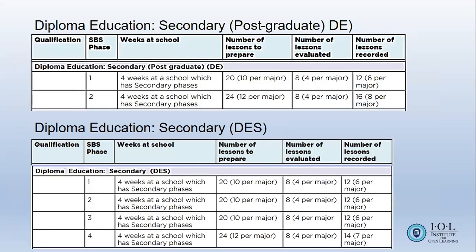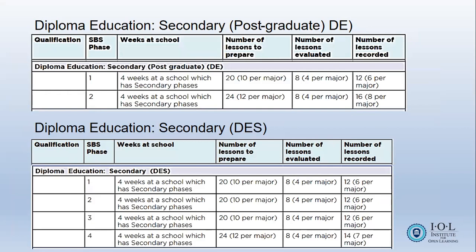We also have the Diploma Secondary, which is postgraduate, a diploma in education. We see there it's 4 weeks and we have 20 lessons. We have 8 to be evaluated, and then the 12, although you have presented them, you just record them, at that part in the book where it is required of you to record it.